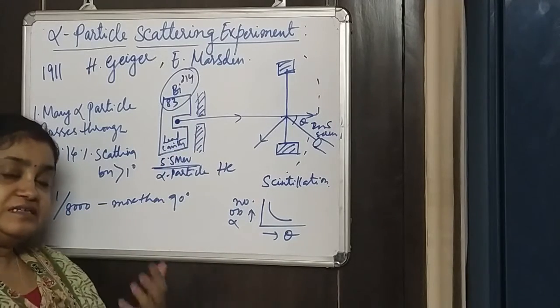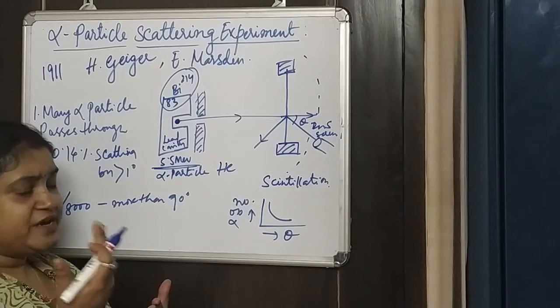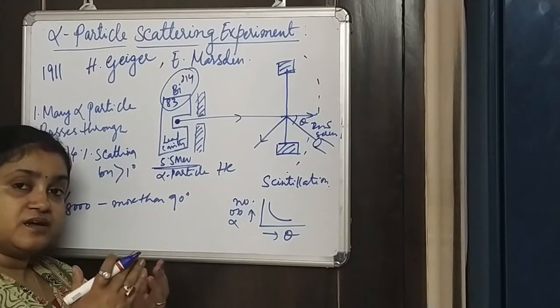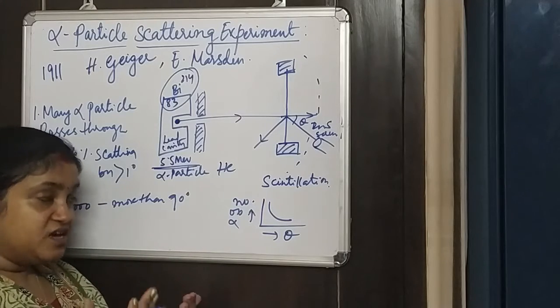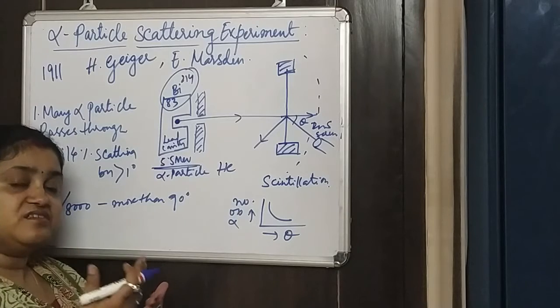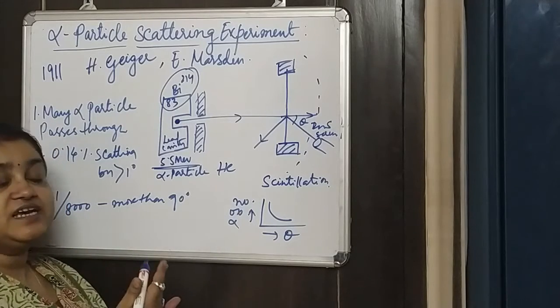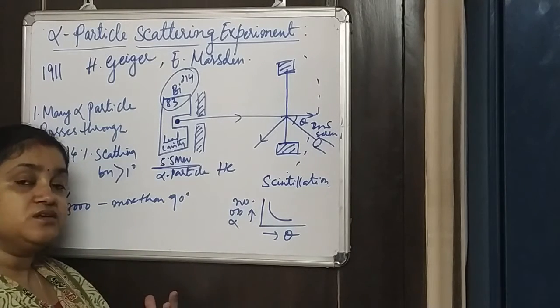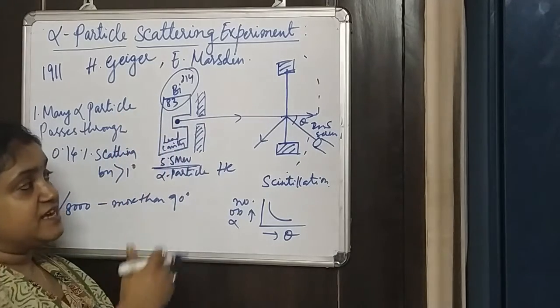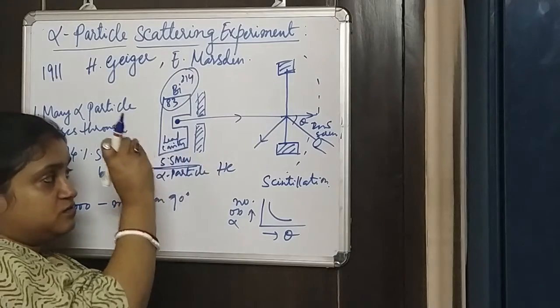The gold foil is a very thin foil. If it is not very thick, then the alpha particles don't have to penetrate much, so that they can directly hit the gold atom. So what does this experiment do?